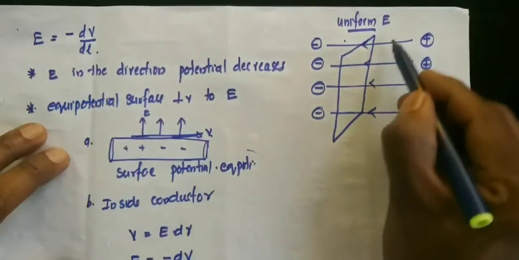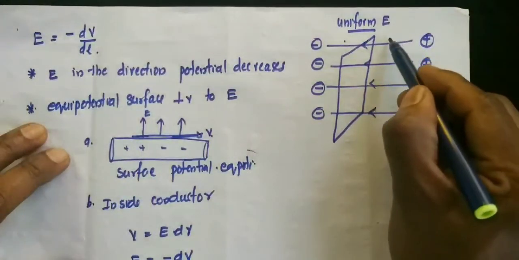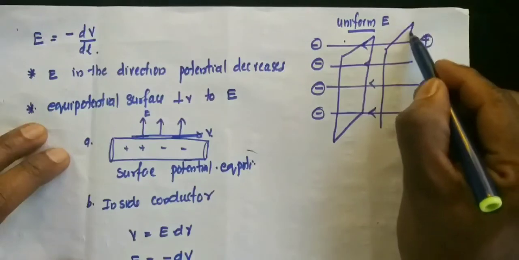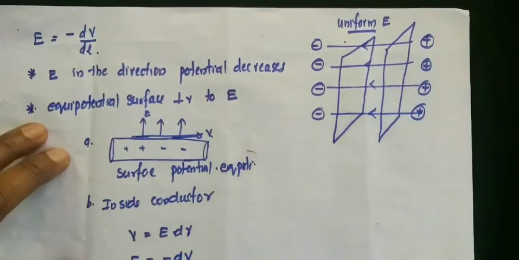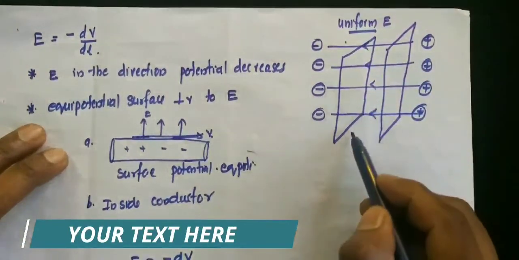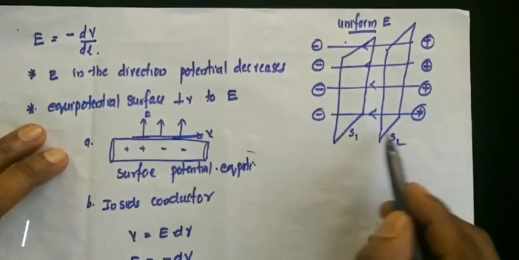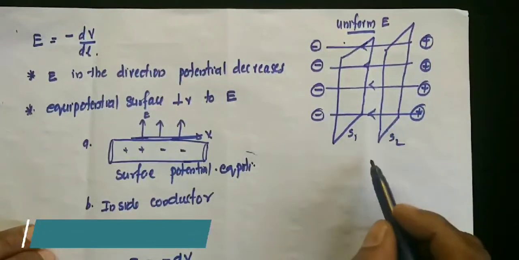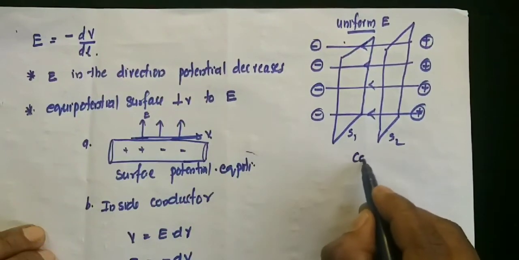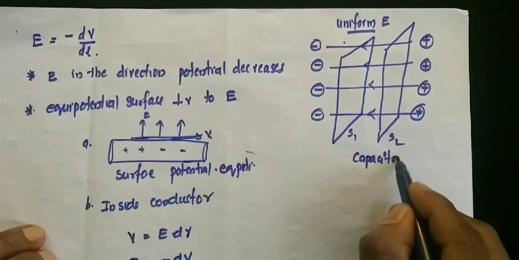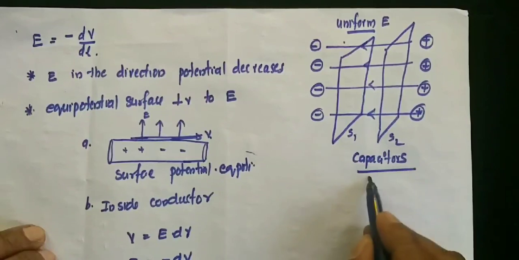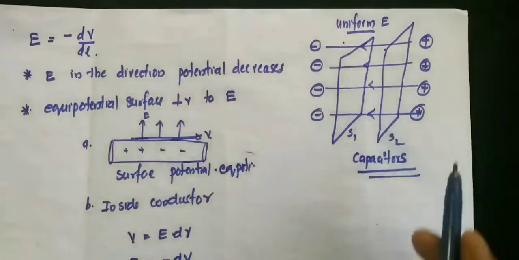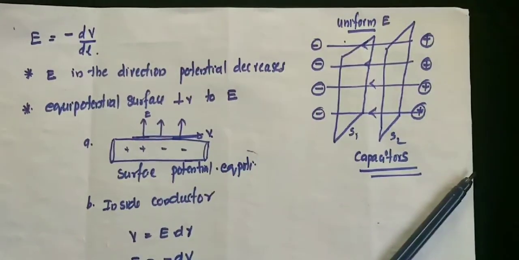So here it will be like a rectangular lamina. Rectangular lamina will be the shape of the equipotential surface. You will study about this in later classes. S1 and S2 are two equipotential surfaces. Why did I say like this? Because in the case of capacitors, we will study the uniform electric field between the plates of uniformly charged electric plates.